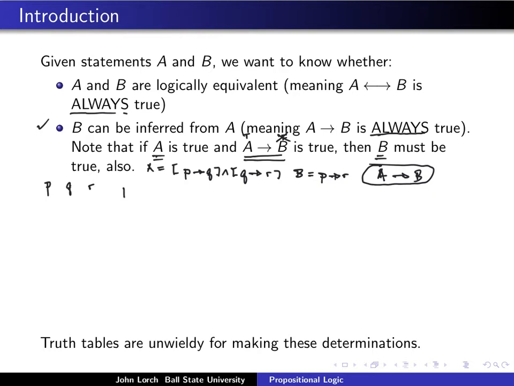And then we have if P then Q, and if Q then R. And then we have the statement A, which is formed by if P then Q and if Q then R. And we have the statement B, which is if P then R. And then we have the statement if A then B. So those are the columns in our truth table.